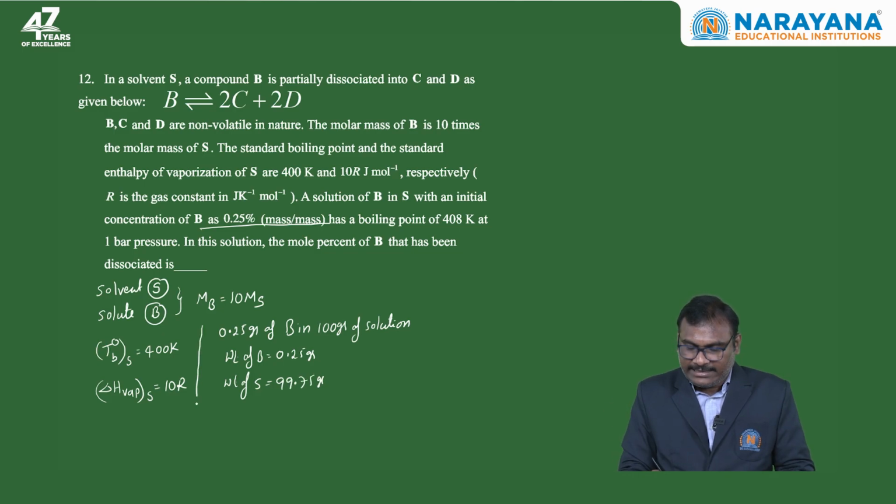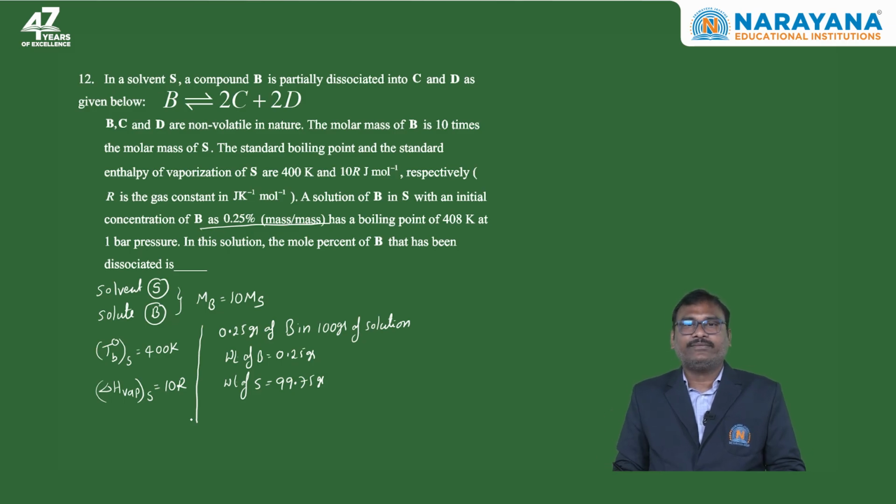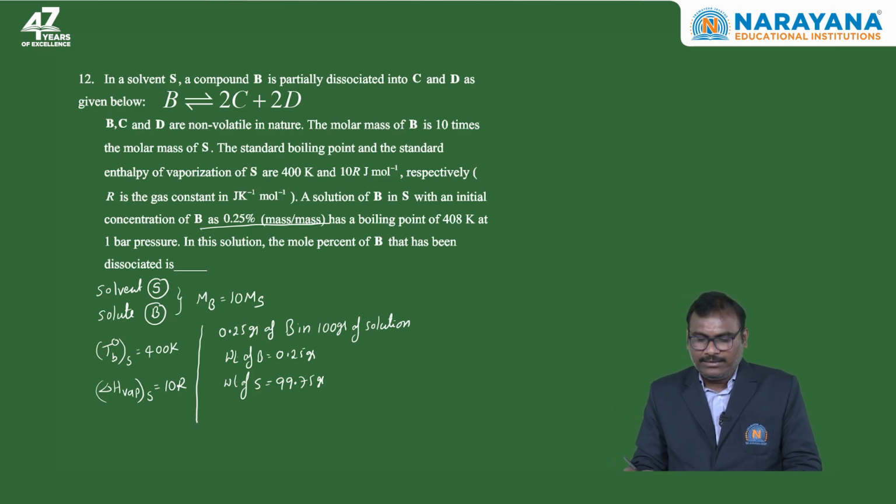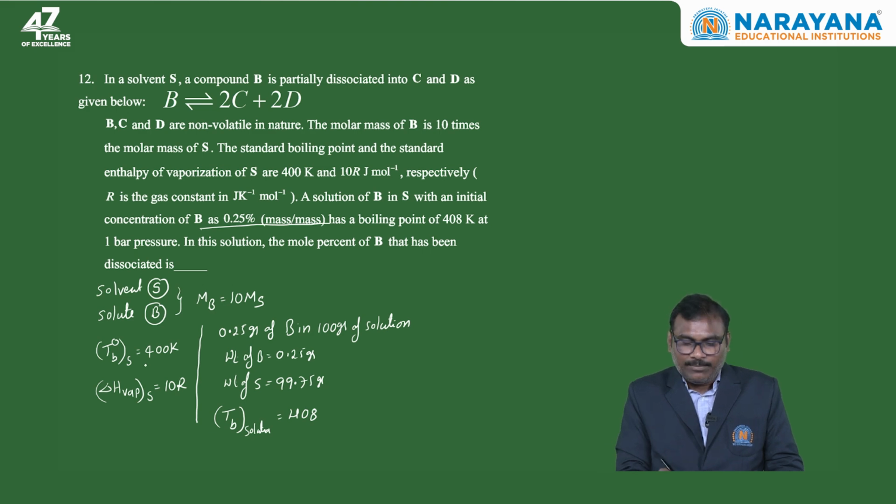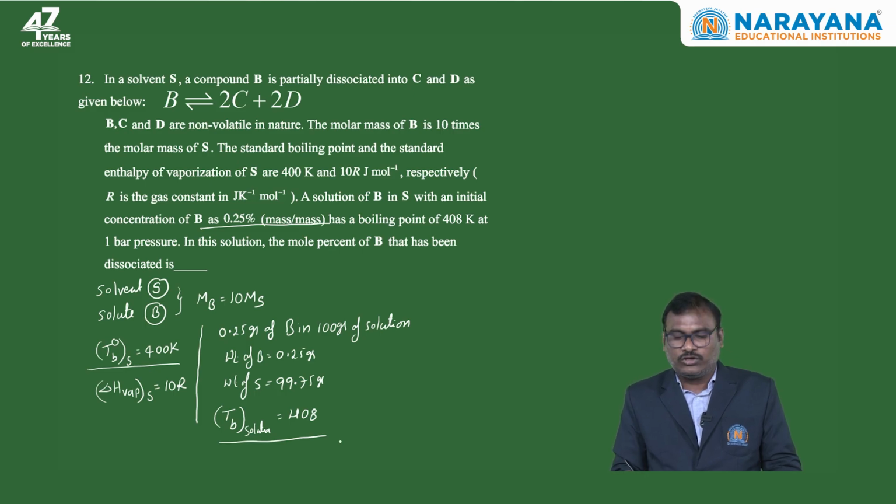This is the data we can write from the given. The boiling point of the solution is given as 408, but the initial boiling point of the solvent is 400.